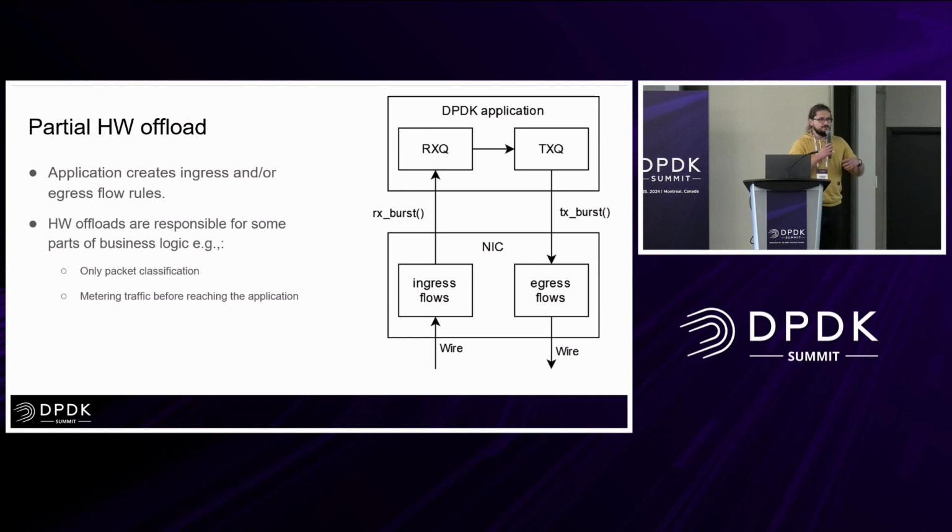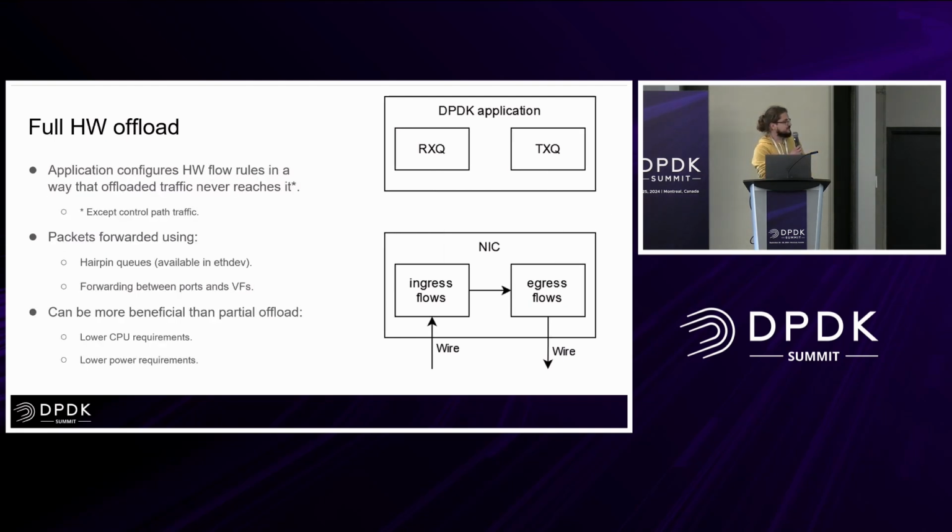And from the PMD itself, the application receives some information about, for example, what is the type of the packet, does it match some specific 5-tuple, and assigns some ID. And after forwarding it to the TX queues, we can apply some additional logic, for example, metering.